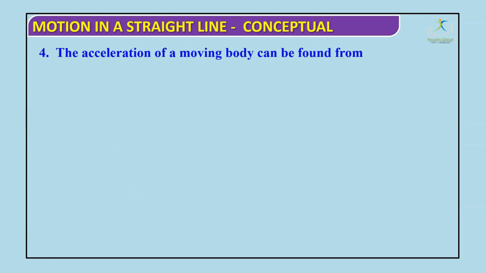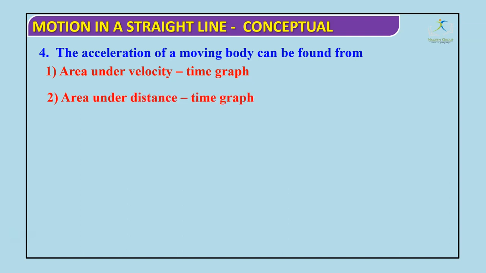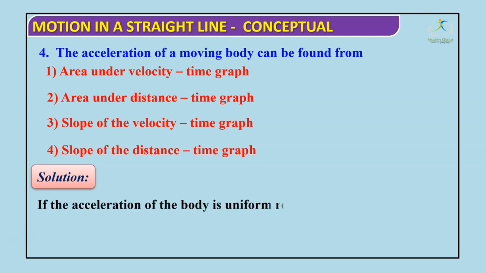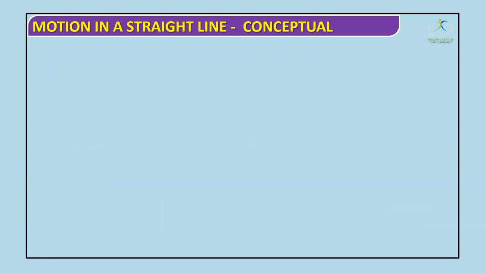Next question: the acceleration of a moving body can be found from the area under the velocity time graph, the area under the distance time graph, the slope of the velocity time graph, or the slope of the distance time graph. Solution: if the acceleration of the body is uniform, the relation between a, v and t is v is equal to u plus at.